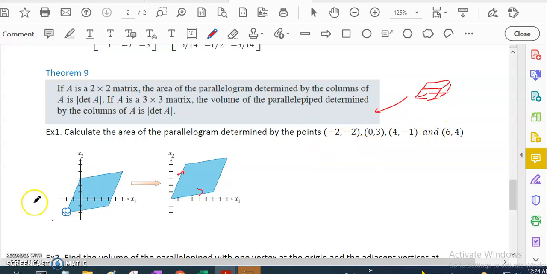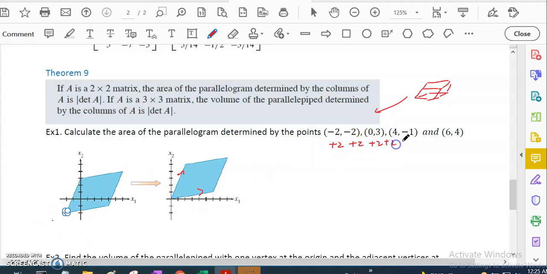These 4 points are not on the origin, so we want to move them so that one point is at 0 0. We'll just use this one. You add 2 plus 2, so this becomes 0 0. But because we move this, the whole thing has to move. It's kind of like a transformation.